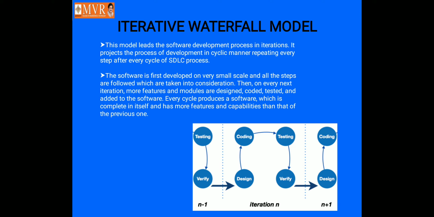There again designing, coding, testing and verification, and again n plus 1, again design, coding, testing and verification. Each and every time it is checking these four things. For one module phase, it is taking design, coding, testing, verification. When moving to another module, again it does design, coding, testing and verification, so that we will get good results, but it is a time-taking process.